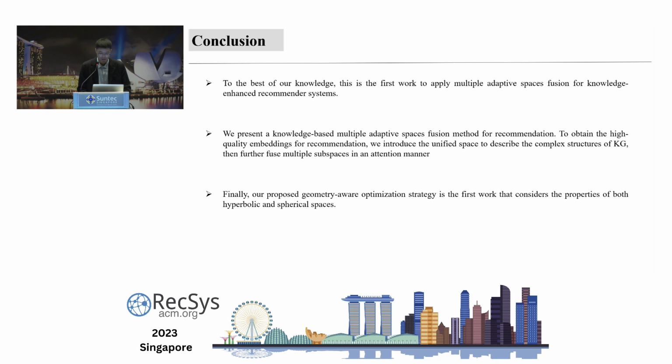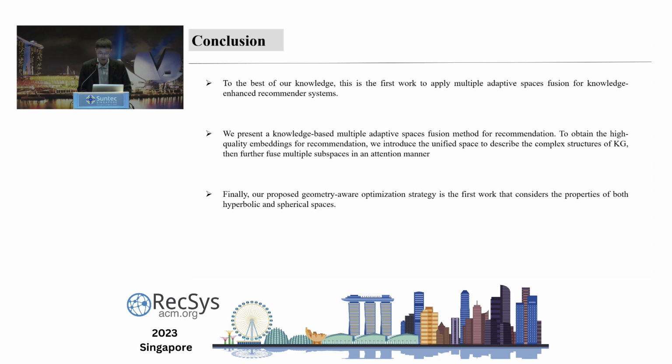Generally speaking, we summarize this work into the following 3 points. First, to the best of our knowledge, this is the first work to apply multiple adaptive spaces fusion for knowledge-enhanced recommender systems. Second, we present a knowledge-based multiple adaptive spaces fusion method for recommendation.